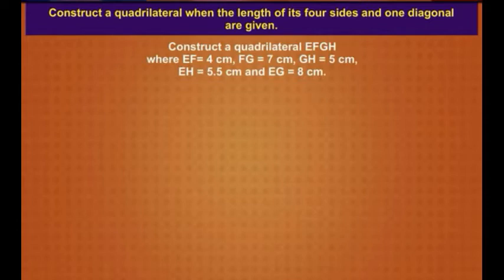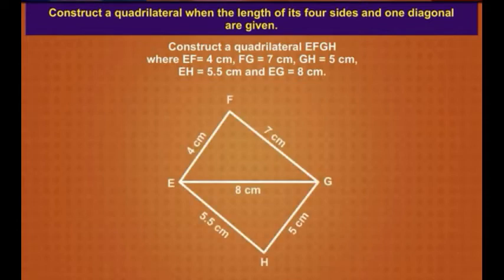We will see one example. Construct a quadrilateral EFGH where EF is equal to 4 cm, FG is equal to 7 cm, GH is equal to 5 cm, EH is equal to 5.5 cm, and EG is equal to 8 cm.